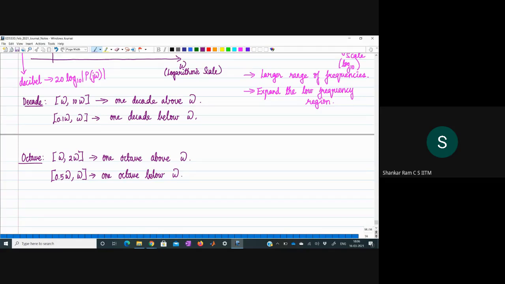I hope this explains why we use a logarithmic scale, right, as far as the frequencies are concerned. All right. Now the question arises: why do we use a decibel measure for the magnitude? Okay, so please note. As I mentioned, from here onwards, I will suppress the base 10. Okay, if I say log, it is logarithm to the base 10.